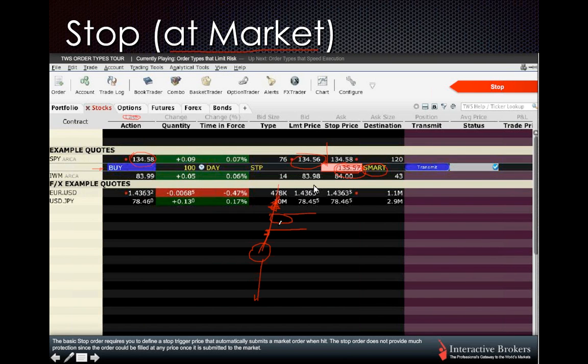Most likely your order will trigger, and most likely it will be 134.58, because there is an offer at 134.58. But we don't know. Maybe the market will present the opportunity to buy at 135.58 or 135.57. So that's uncertainty, and this uncertainty is related to market price.